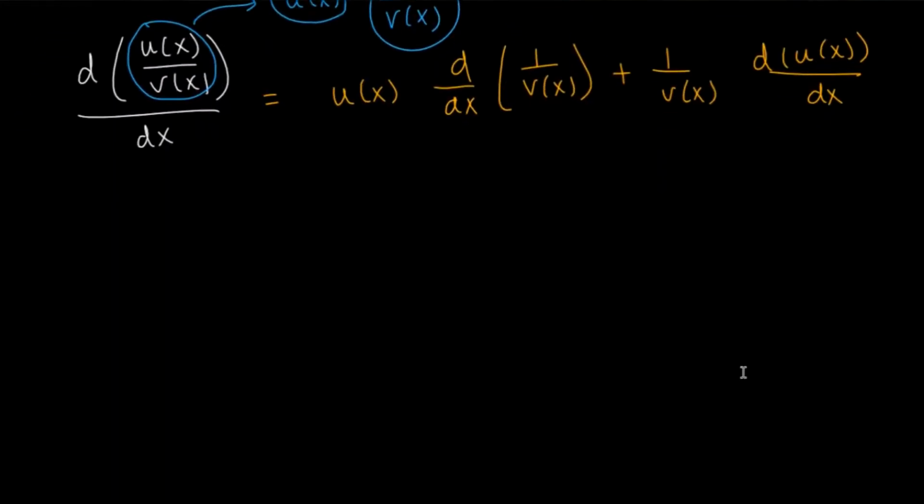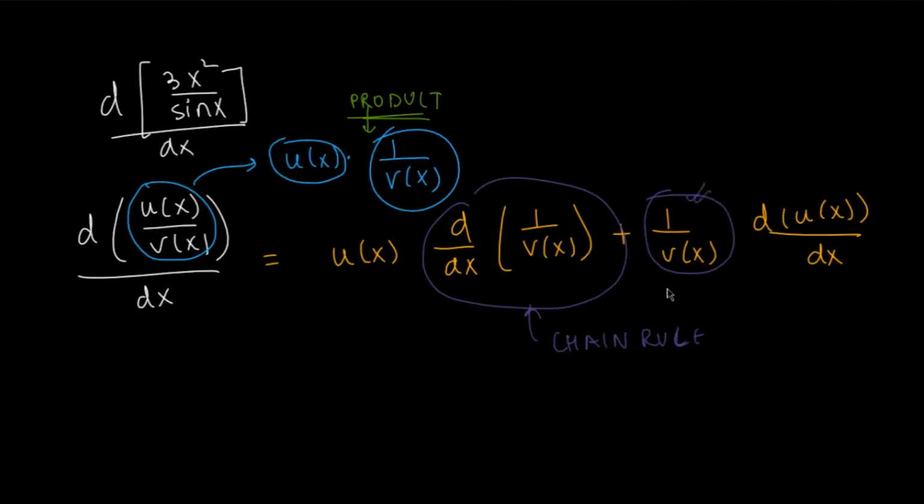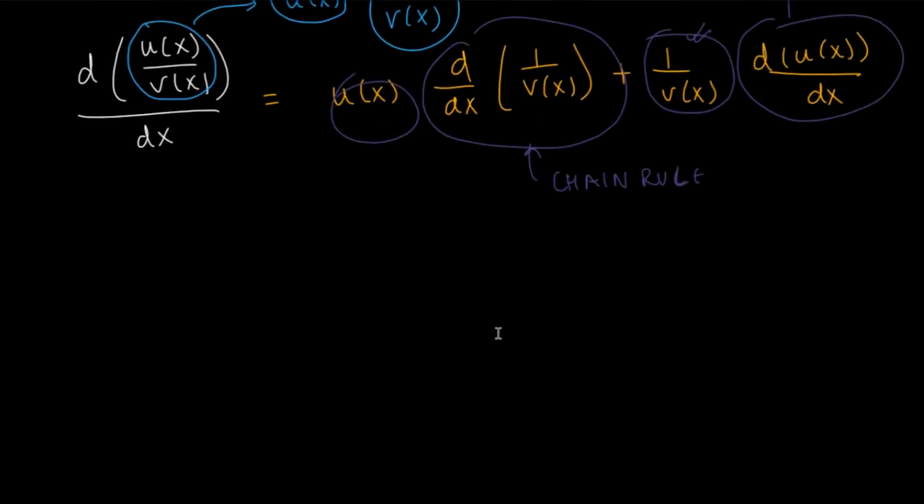And all the pieces of this puzzle are sorted out except for this one. And this thing right here, we use the chain rule. The chain rule is fairly simple, but before that, let me just figure the other things out. This is fairly good. This is just the derivative of u with respect to x, and this thing is also sorted out. So let's move on to this bit of the puzzle.